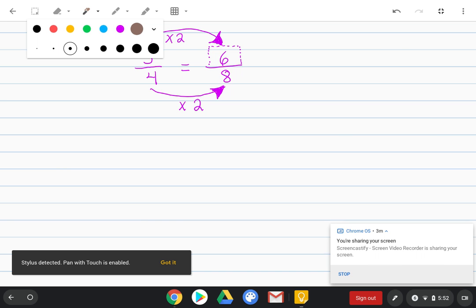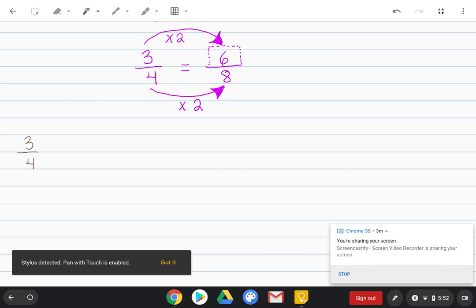So I hope that you guys know that the fraction 3/4 can be rewritten in the following fashion: 3 divided by 4. And likewise, the fraction 6/8 can be rewritten 6 divided by 8. So I'm actually going to do that division.